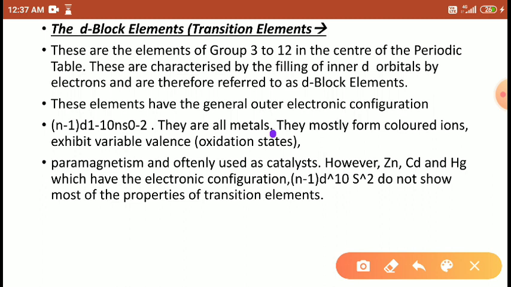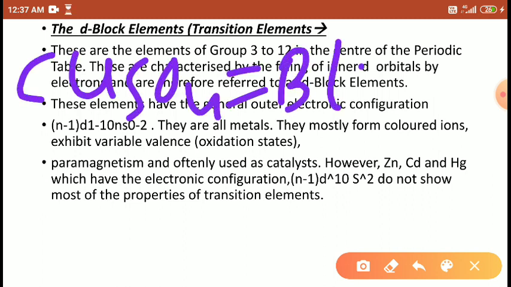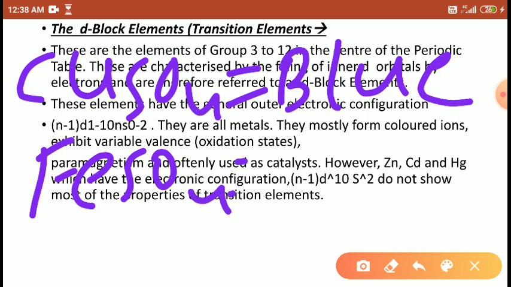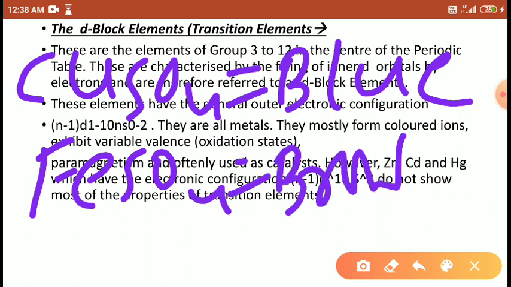They mostly form colored ions. When a D block element combines with some other species, it forms a colored salt. For example, students, in class 10th you may have observed copper sulfate, which is a blue colored salt, and FeSO4, which is a brown colored salt. Copper is also a D block element, and iron is also D block.